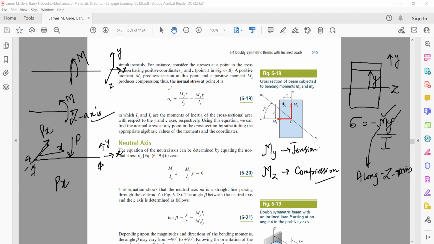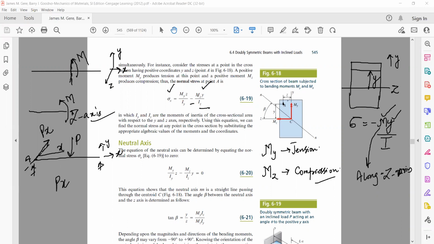The total stress sigma x will be because of two moments, moment My and Mz. Now let's talk about Mz first, because this is quite easy. What is Mz? The moment along the z axis was trying to create compressive stress at point A. That's why this is minus. It will be Mz, at a distance y, that is y divided by the moment of inertia about the z axis. No problem with this.